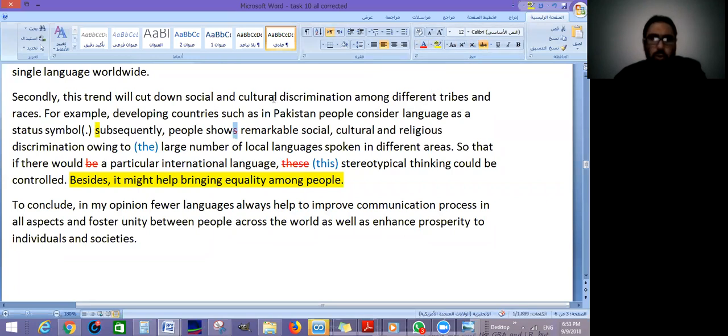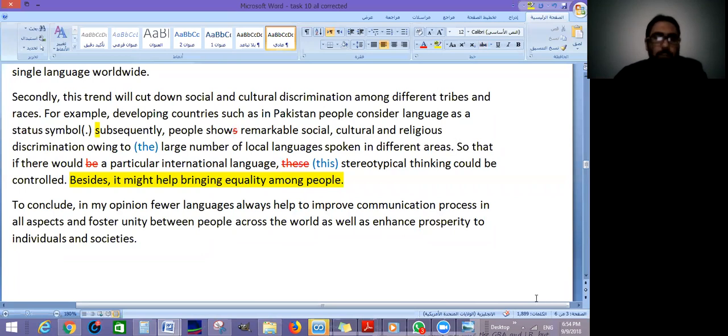Remarkable social, cultural, and religious discrimination owing to the large number of local languages spoken in different areas. Okay, so here we're having some kind of social discrimination because there are different languages and people are respected or not respected according to the language that they speak.